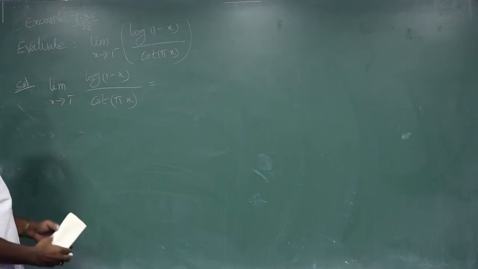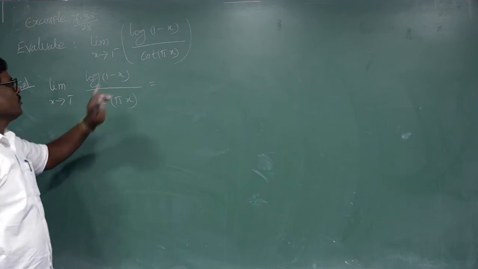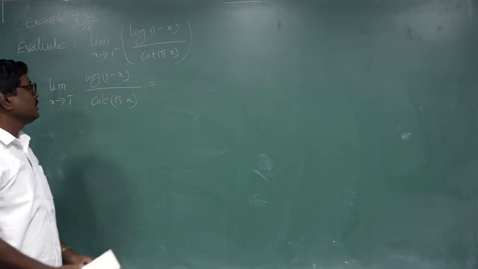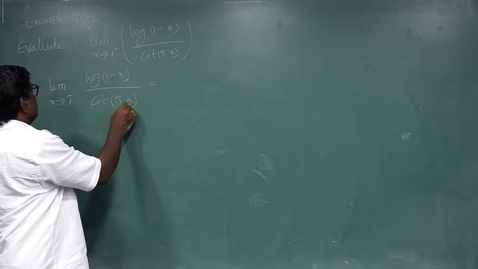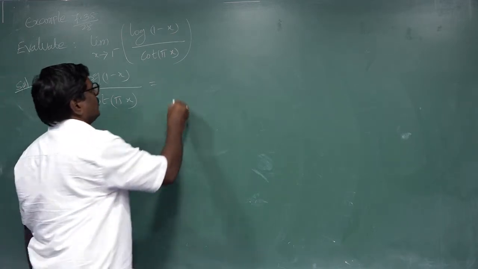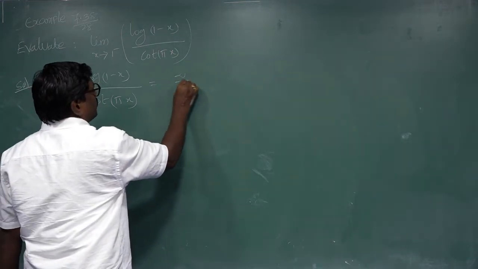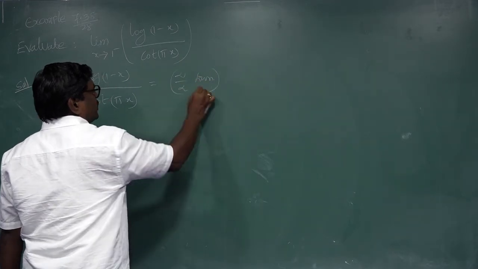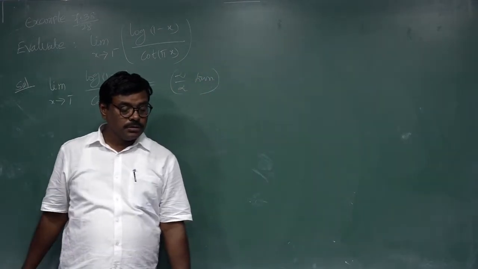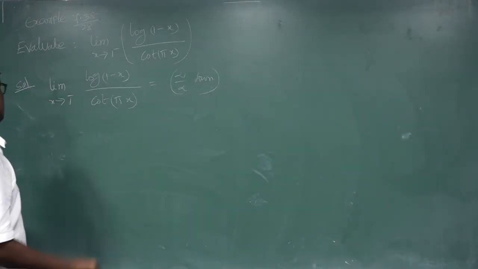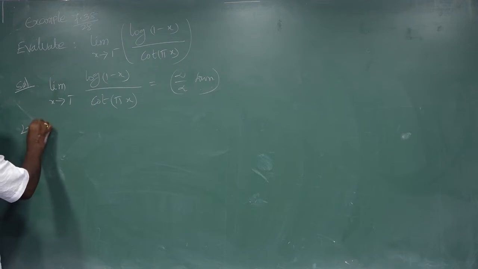This is the left hand limit. The solution: limit x tends to 1 minus, log of 1 minus x by cot of pi x. Substituting 1: 1 minus 1 is 0, log 0 value is infinity, and cot pi value is infinity. This is infinity by infinity form, an indeterminate form. Next is L'Hospital rule.